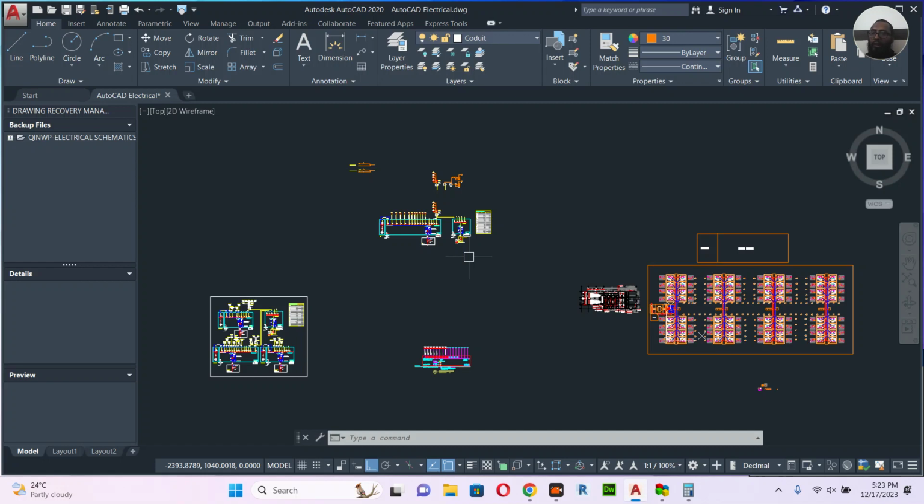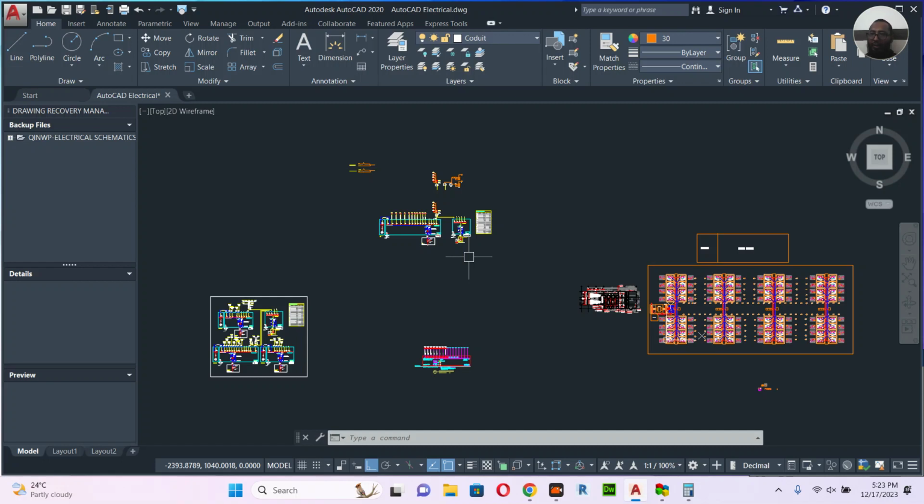So in extra low voltage we have access control, fire alarm, BMS, public address systems like speakers, and CCTV systems. Except fire alarm, which is a little deeper, these are very small things.